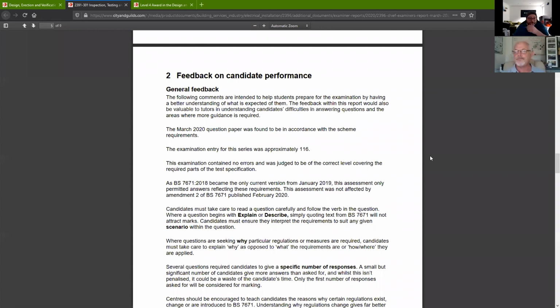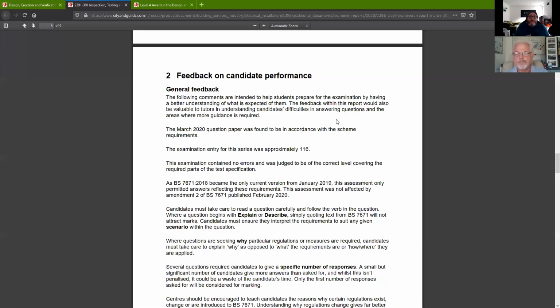Yeah. So it says here, hello, Sean. It says right at the top here, under feedback on candidate performance, these comments are intended to help students prepare for the examination. So whilst trainers may take this document as a tool to understand where previous learners have slipped up, so the trainers can make sure they cover those areas, this is really written for candidates to be aware and to prepare.